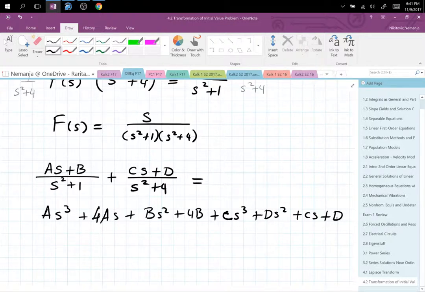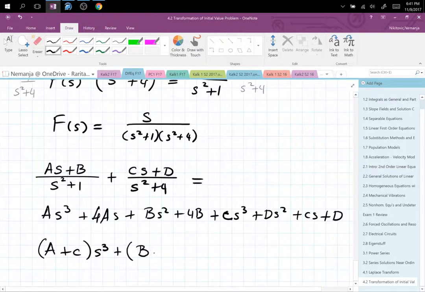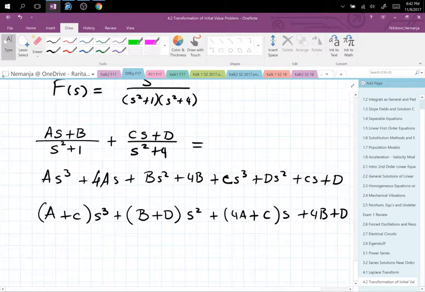So now we have A plus C s cubed plus B plus D s squared plus 4A plus C times s and plus 4B plus D. All of that equals 0s cubed plus 0s squared plus a single s plus 0.